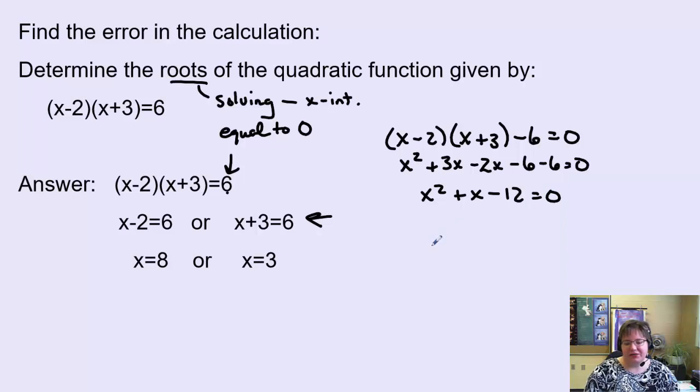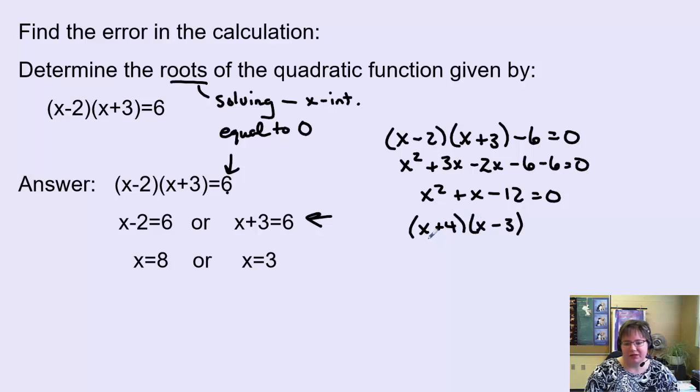And you need to find two numbers that multiply to give you negative 12 and add up to give you 1. So that would be 4 and 3. So x plus 4 and x minus 3.